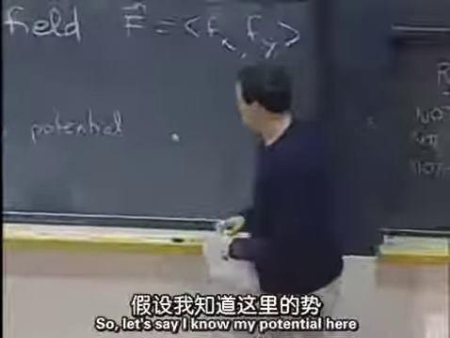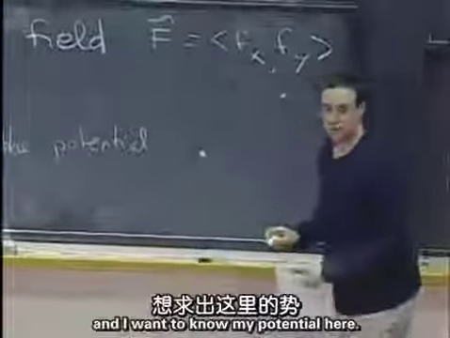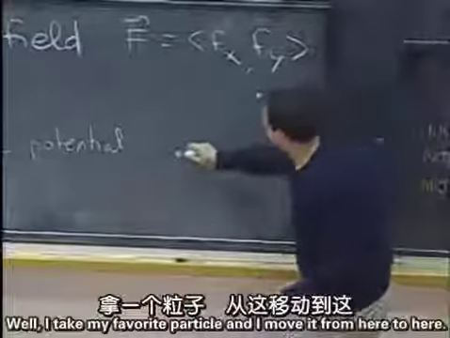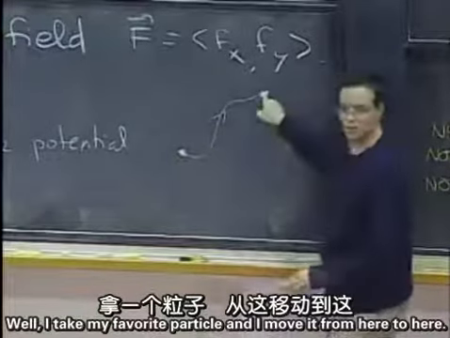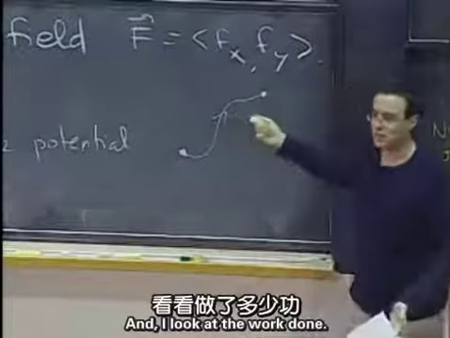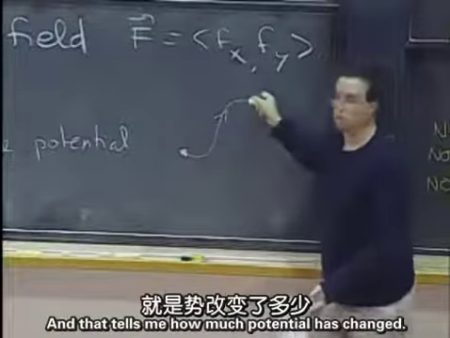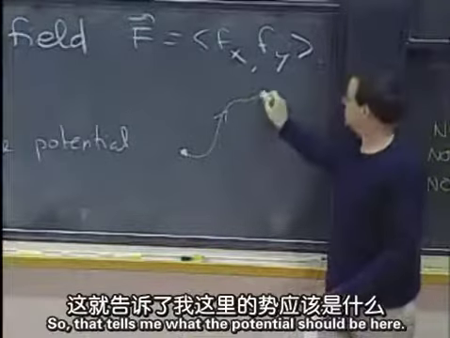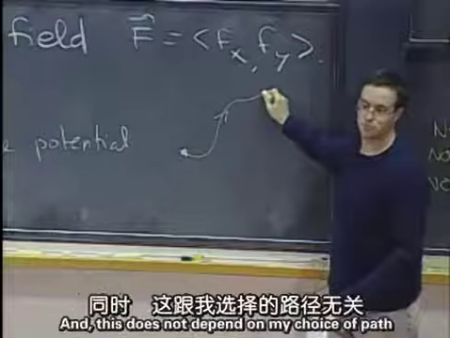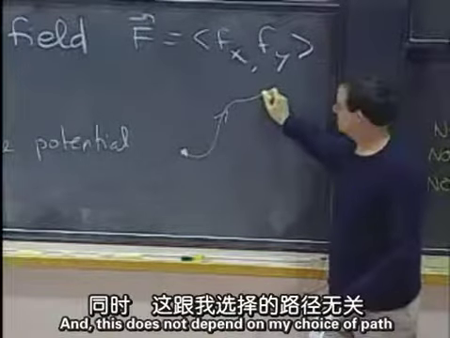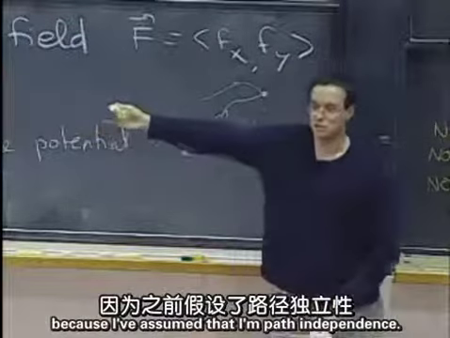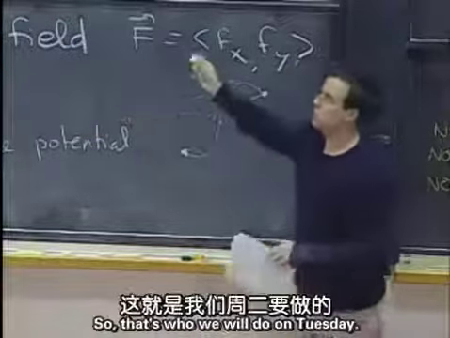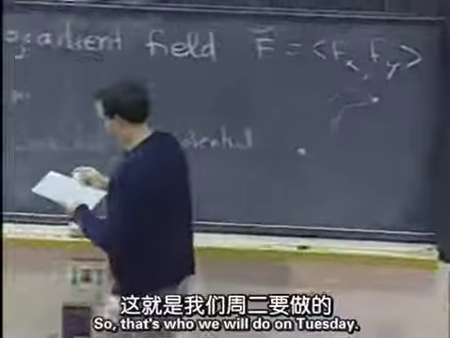So let's say I know my potential here, and I want to know my potential here. What do I do? Well, I take my favorite particle, and I move it from here to here, and I look at the work done. And that tells me how much the potential has changed. So that tells me what the potential should be here. And this does not depend on my choice of path because I've assumed that I'm path independent. So that's what we will do on Tuesday.